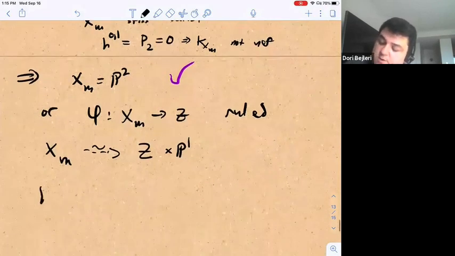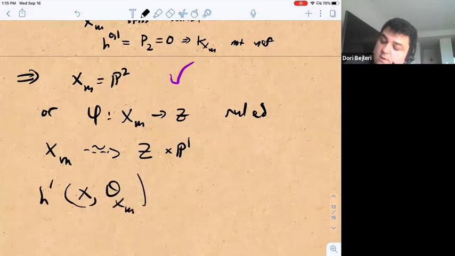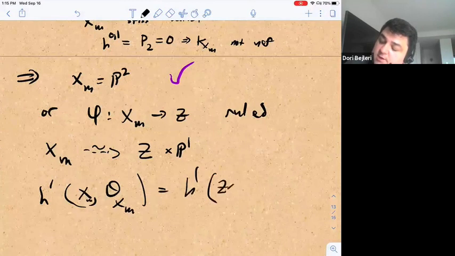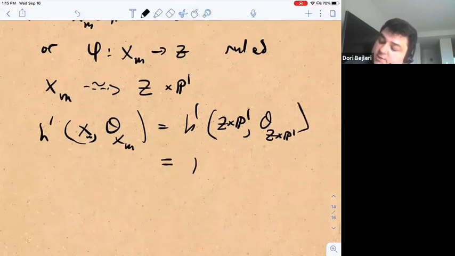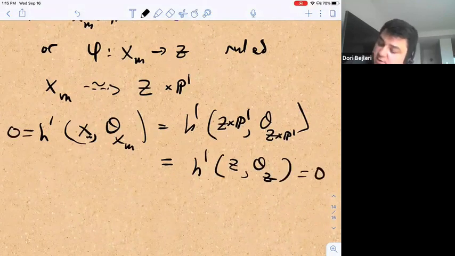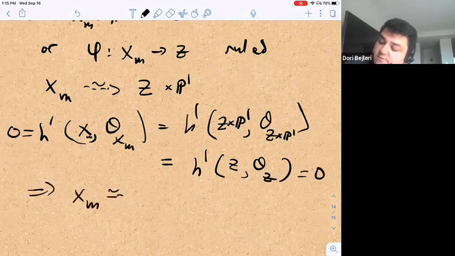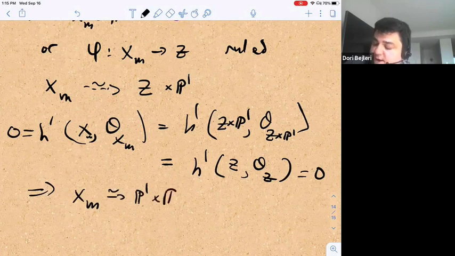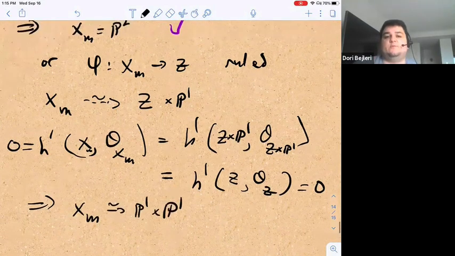And now again, we compute H1 of OX, which is the same as H1 of O of Z cross P1, which is H1 of Z. So Z has to be genus 0. So XM is actually birational to P1 cross P1, which is also rational. So in either case, we end up with a surface that's rational.